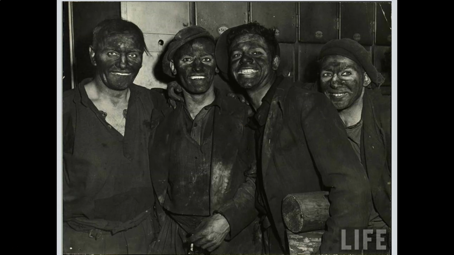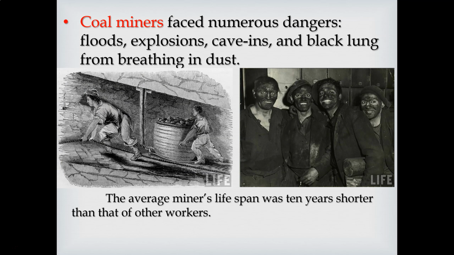Speaking of workers, here we are looking at a couple of workers. Now this is obviously from the 20th century, not the 18th or 19th century, but nonetheless, it kind of gives you an idea of what their occupation is, and clearly they are coal miners, right? So let's think about coal miners for a second. You have all kinds of dangerous conditions to work in. Mines tended to flood. There were explosive gases that were unearthed as mines were dug, and so this would sometimes lead to accidental explosions.